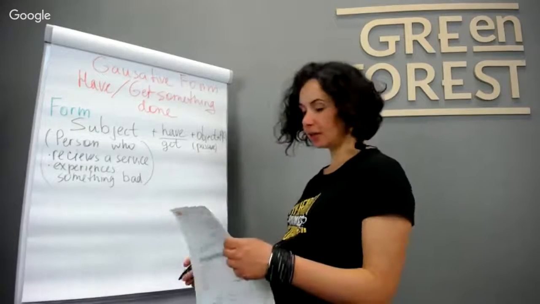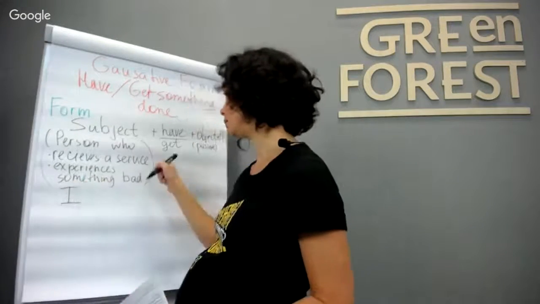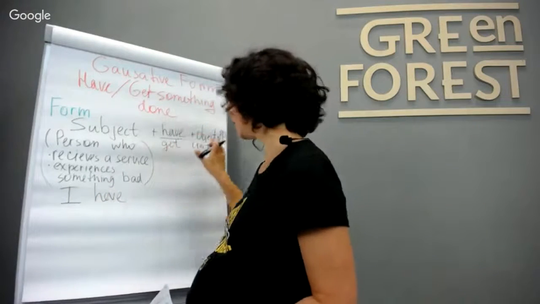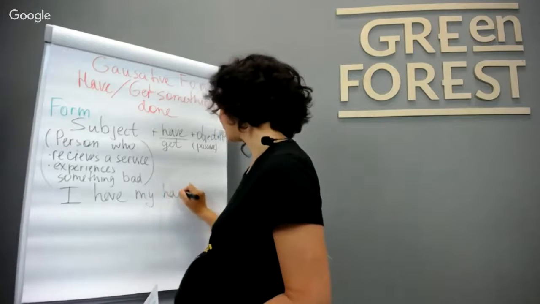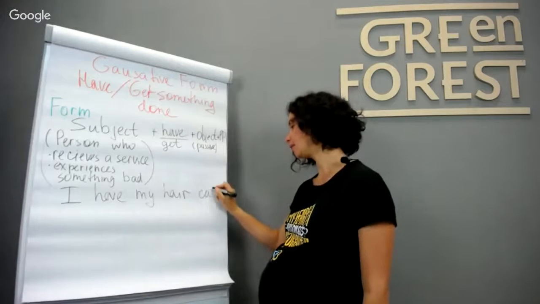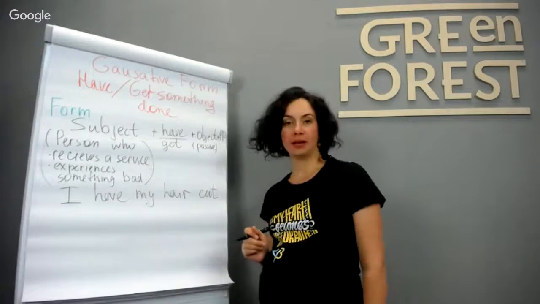Let's look at the example. I is subject. Have is have. After that, object, my hair. And what happens to my hair? Cut. I have my hair cut every month.